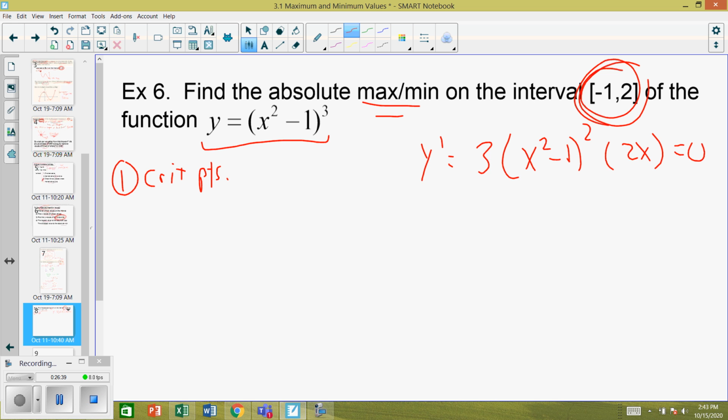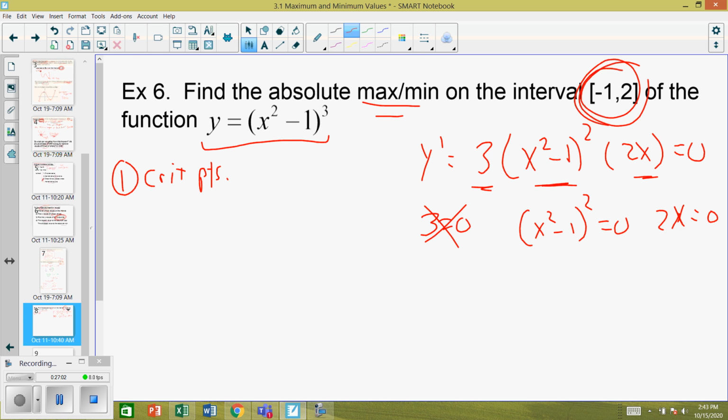All right. Well, I could solve this out, but because it's already in factored form, I can set each one of these equal to 0 and solve. So I can say x squared minus 1 squared equals 0 and 2x equals 0. There's no sense in trying to distribute everything because it's already in factored form.